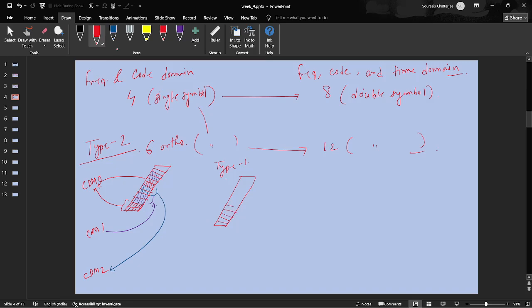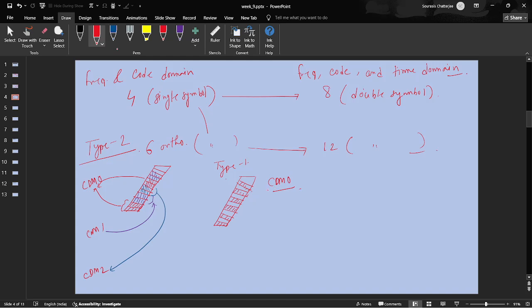So 1, 2, 3, 4, 5, 6, 7, 8, 9, 10, 11, 12. Okay, so CDM0 we are talking about, so we are transmitting only from even subcarriers, so that means I am using this, this, this, this, this, and this.